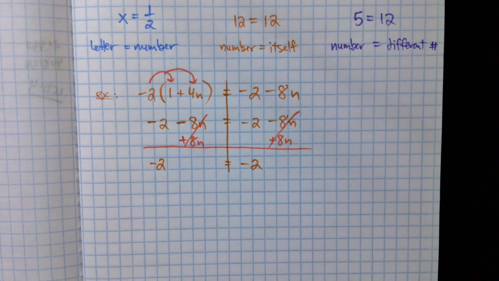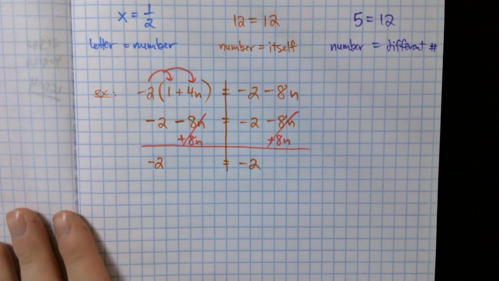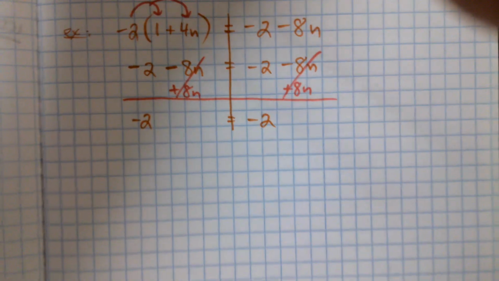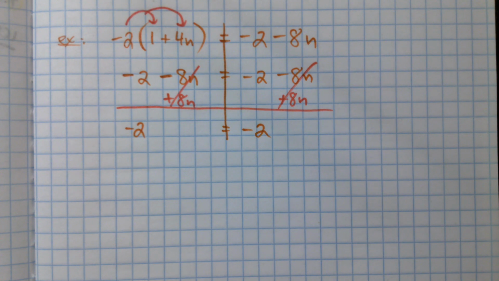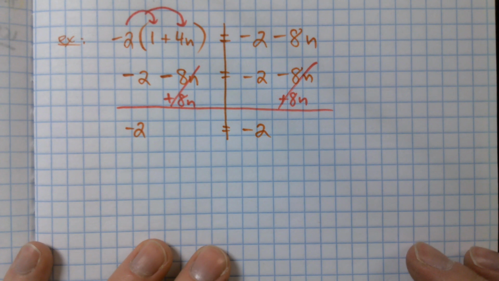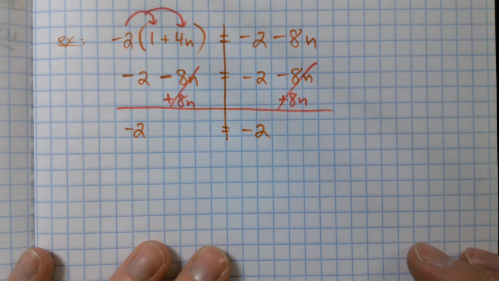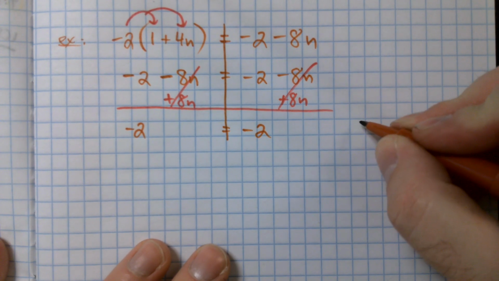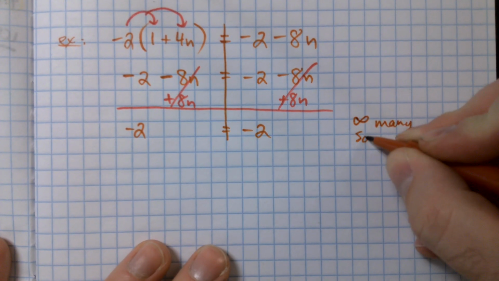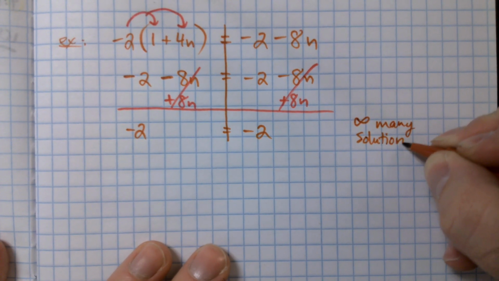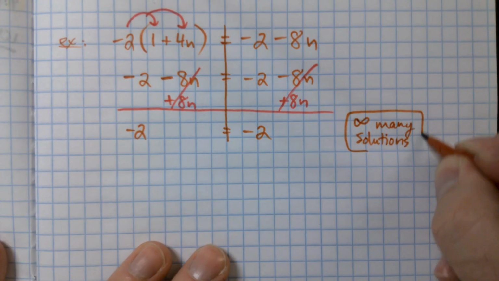Now, that's more like what we wrote above in terms of, how do I know I have infinitely many solutions? Well, when I get this, is my answer -2? Wait, no. Is -2 my answer? No. Infinitely many solutions is my answer. -2 is one of my solutions, but I have an infinite number of them.